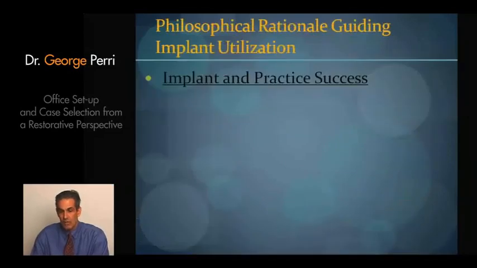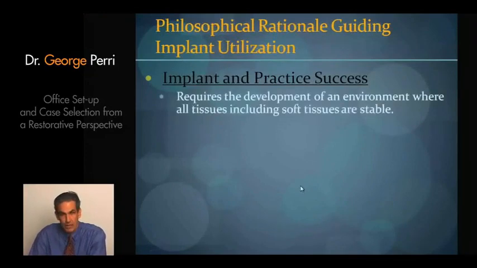So I think when we look at implants and practice success, probably the most exciting thing in my office has been the realization of really how straightforward and reasonable implant restorations can be. And there are certain keys, though, to create the success that we all want to have. I think the bottom line is that we create or develop an environment where all tissues, including soft tissues, are stable.